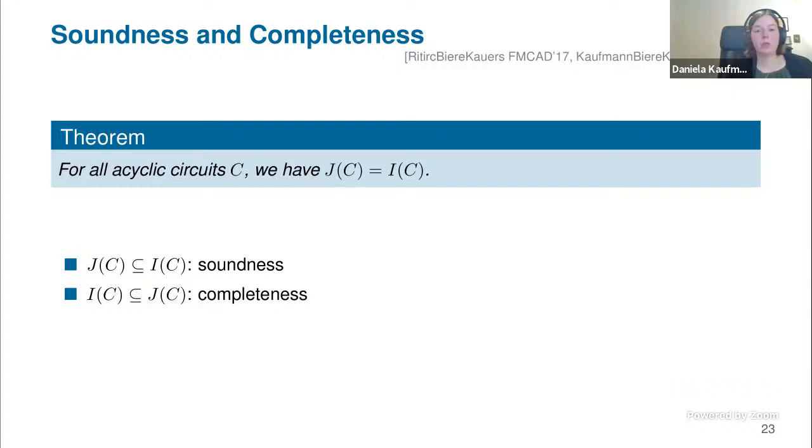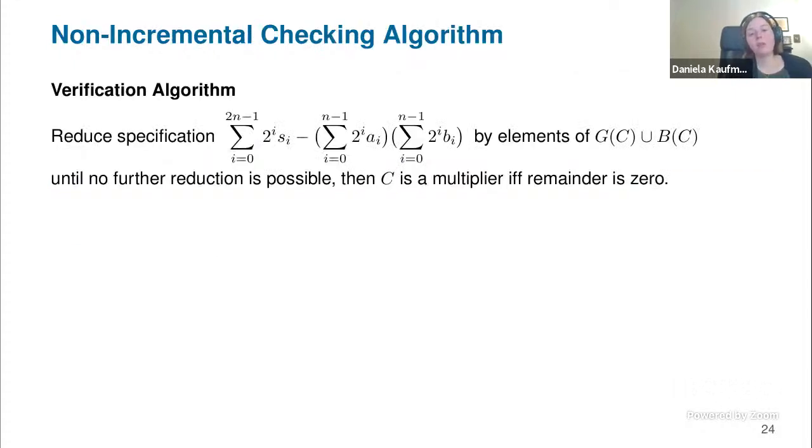Since we now have a Gröbner basis for our ideal I of C, we can apply the following verification algorithm: we reduce the specification by the gate constraints and Boolean value constraints until no further reduction is possible. Then the circuit is a multiplier if and only if the remainder is 0.